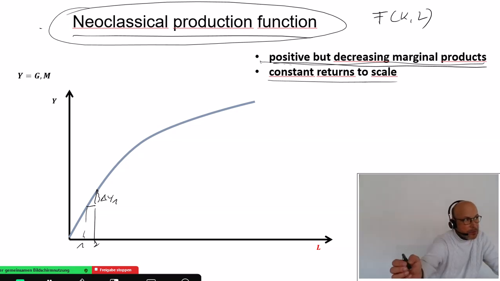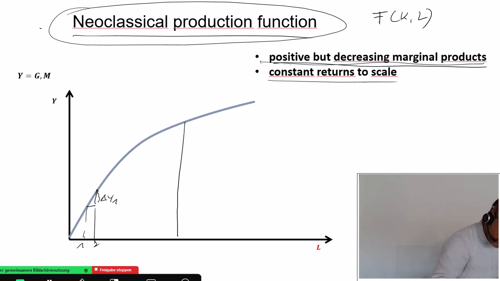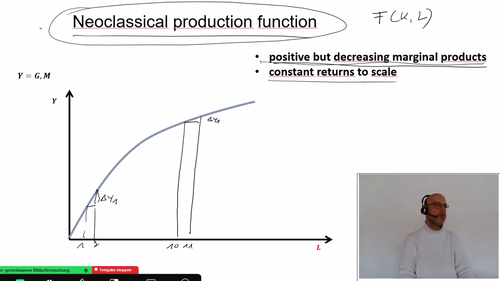And this right-banded character means the slope is decreasing. And let's say here from 10 to 11, also increasing by 1 unit, means still my output is increasing, but the increase is less than when I come from a lower production niveau. Okay?